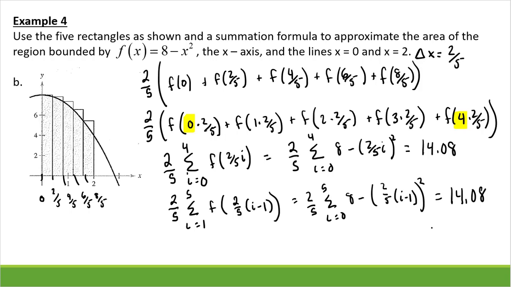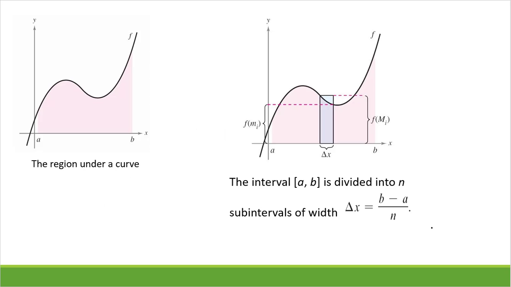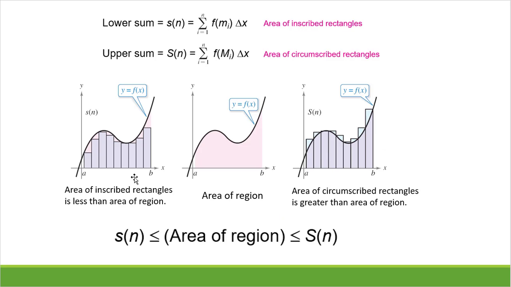So again, our whole goal is to find area under the curve. I've talked about this, where we divide a to b into n subintervals, and so we get a delta x, a width, and we multiply by a height. A lower sum is if all of our rectangles are underneath, as I talked about in the last video. And then we talked about the rectangles being over, so an upper sum.